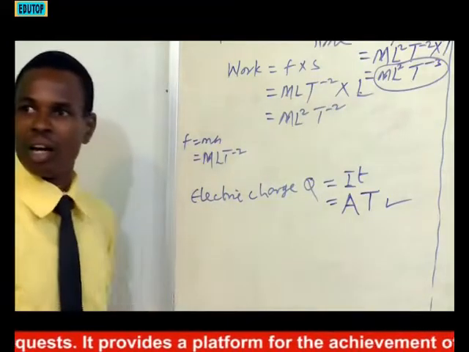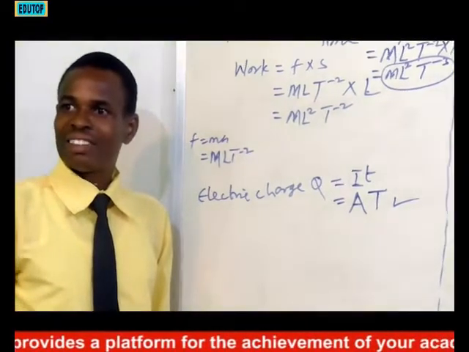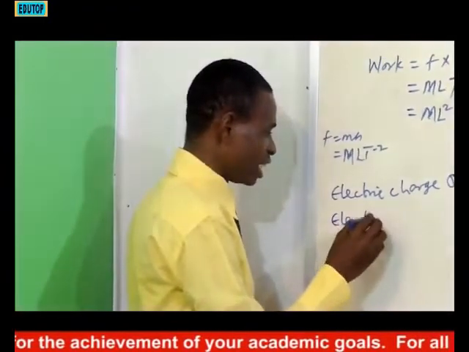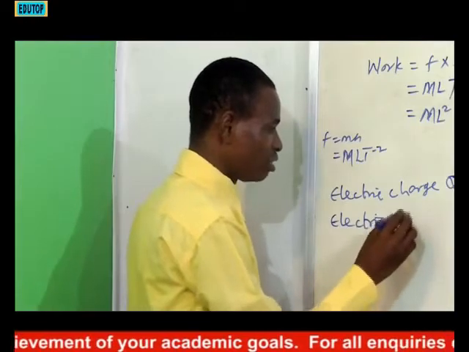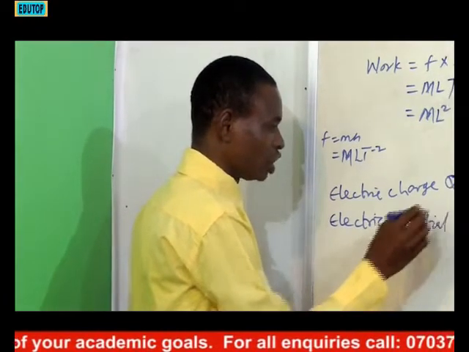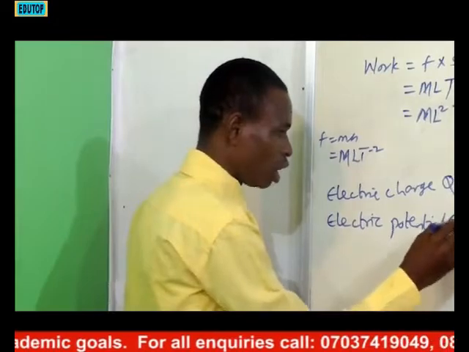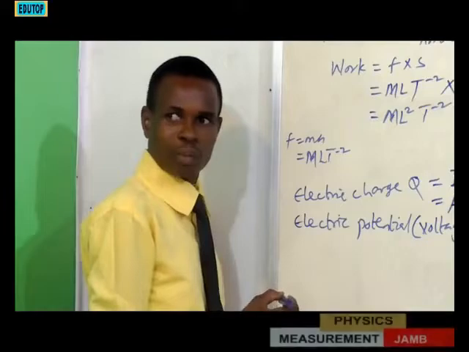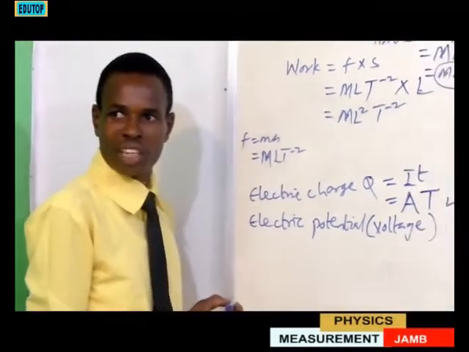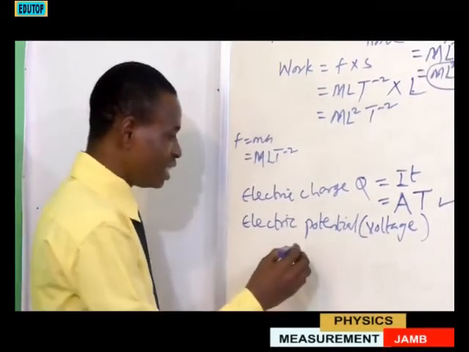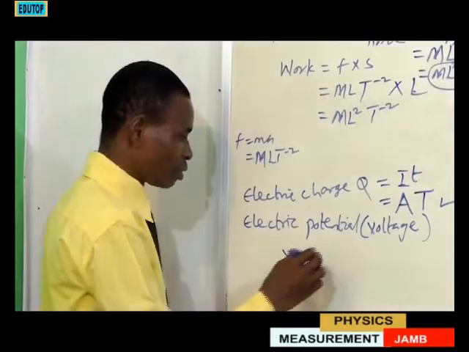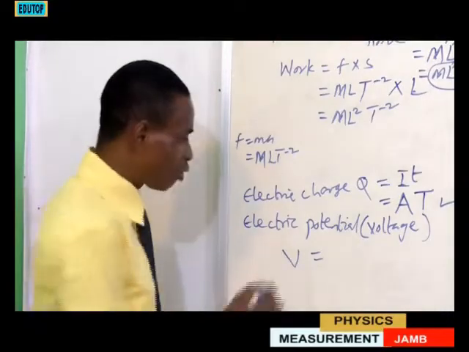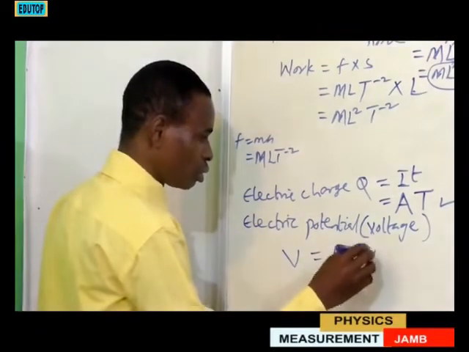Let's move forward. What about electric potential? Well, this one is an exception. Please take note of this. Electric potential, or you can call it voltage. Electric potential or voltage is defined as power over current.